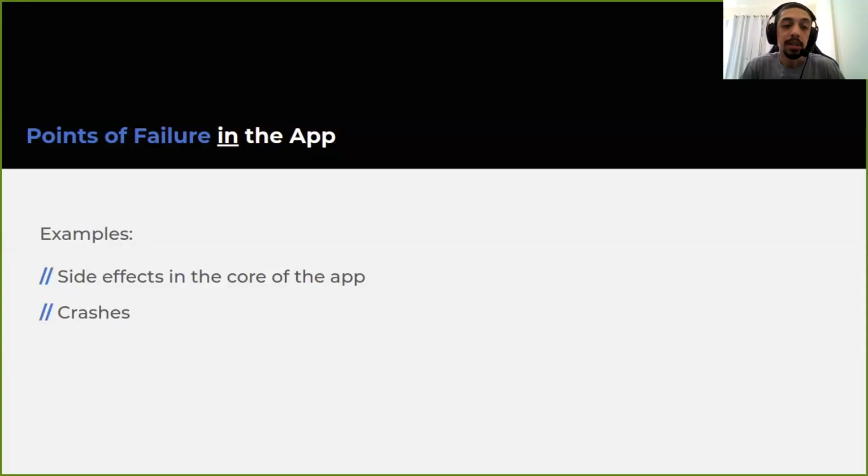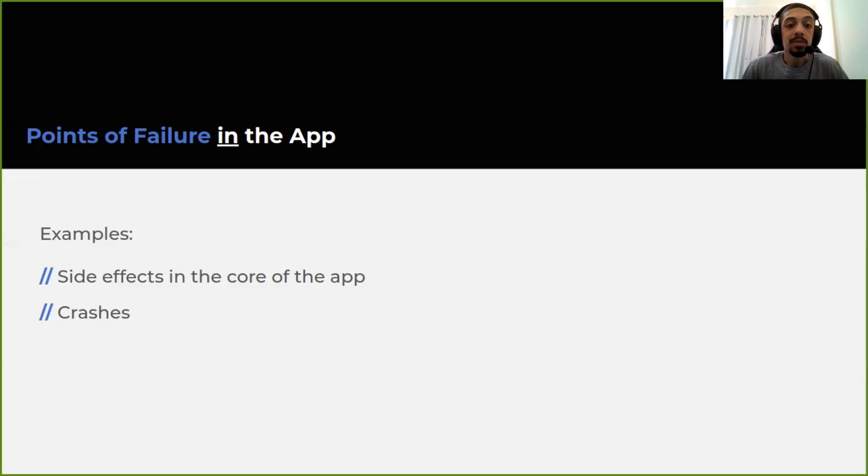Also, crashes are one of the things that we are usually familiar with. When you're implementing an application, we need to take care about exceptions, and we know that if you don't try to have a safer implementation and figure out the points of the application that might lead to a crash, we might see it only in production.